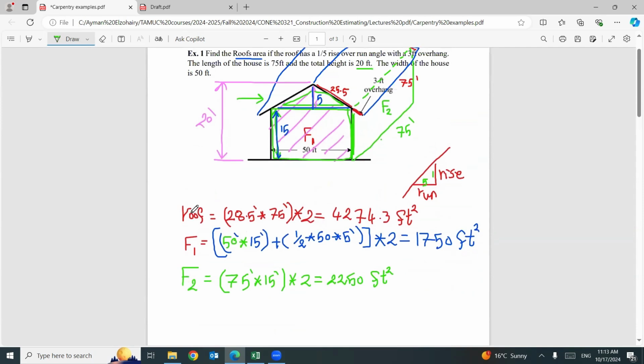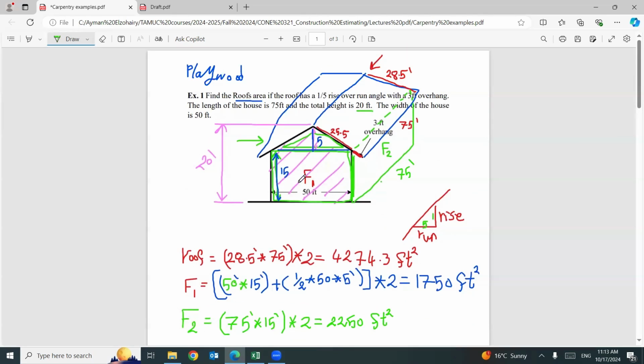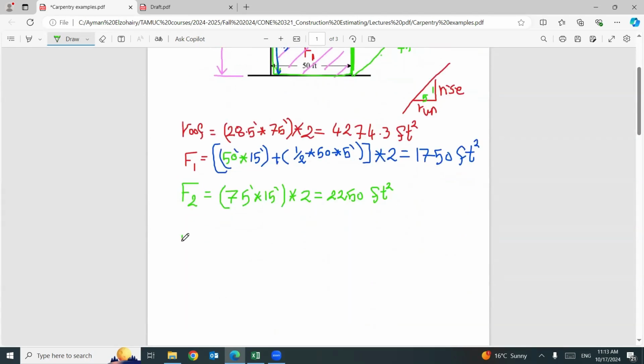So if all of these faces, the wall surfaces and the roof surfaces, will be covered by the same type of plywood, I can add all of them together. So the total area of all of them will equal the roof area plus face 1 area plus face 2 area.